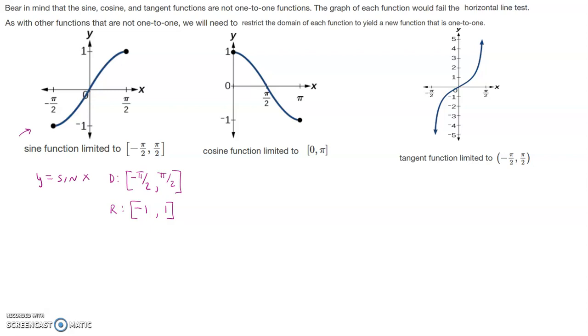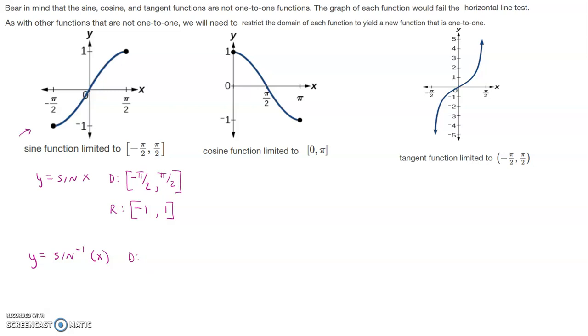Now let's take a look at our inverse function. Keep in mind, when you're working with inverse functions, the range of our original is going to become the domain of our inverse.